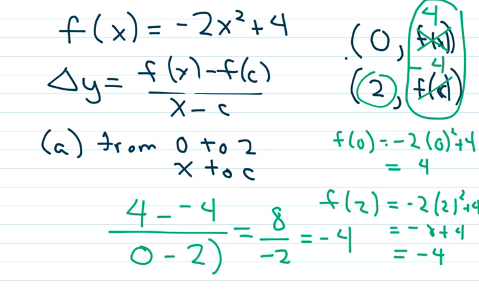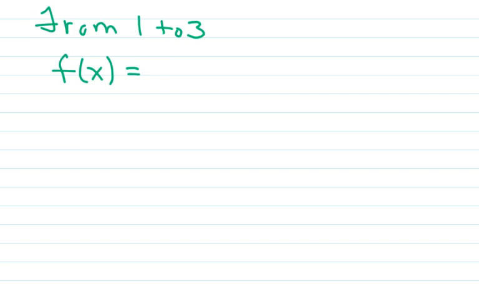Let's find the average rate of change from 1 to 3. We're going to use the same equation, f of x equals negative 2x squared plus 4.